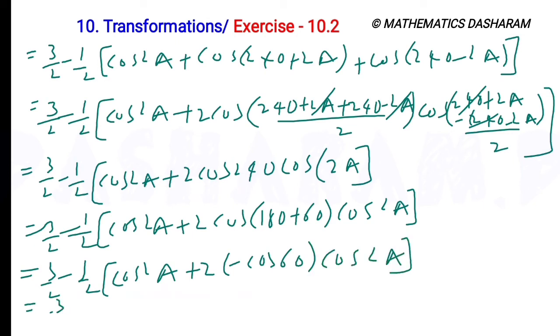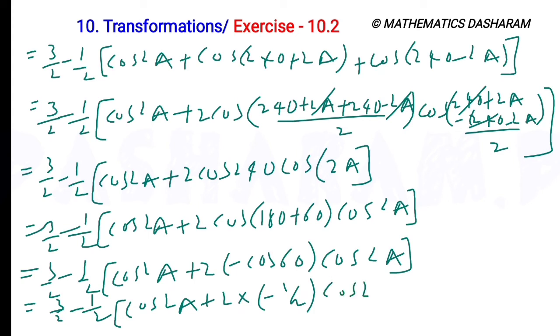So it is 3 by 2 minus 1 by 2 into cos 2a plus 2 into minus cos 60, that is minus 1 by 2, into cos 2a.